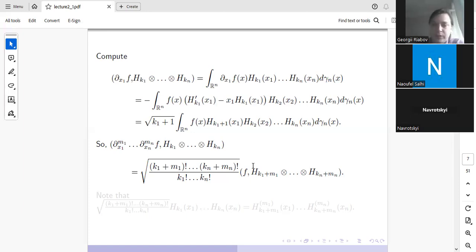The order of the polynomial increases by the number of times we differentiate in this component. And we also get such a multiple. So in the expansion, this will be multiplied by h_{k1}, ..., h_{kn}.